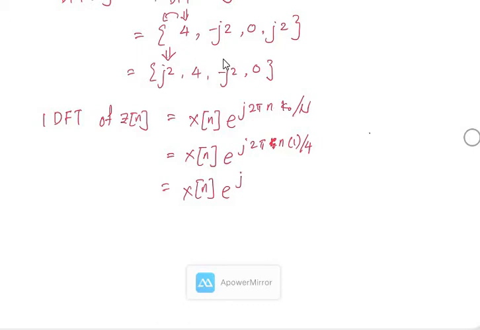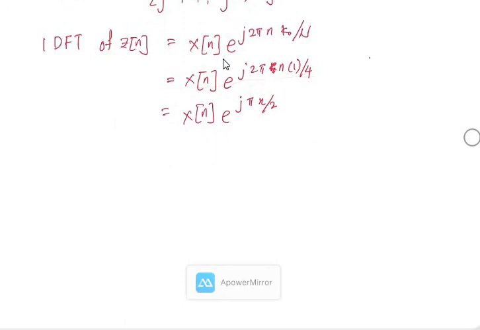So I have e^(jπn/2). Now when n equals 0, z0 is equal to x0 times e^(jπ·0/2). So x0 is 1, and the exponent of 0 also gives 1, so the answer is 1.